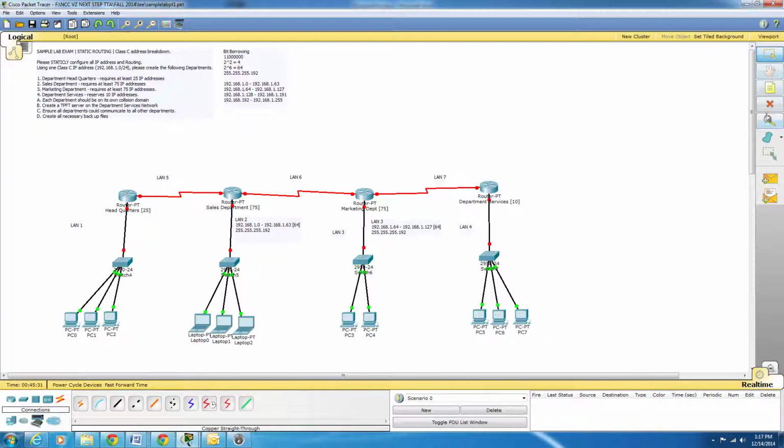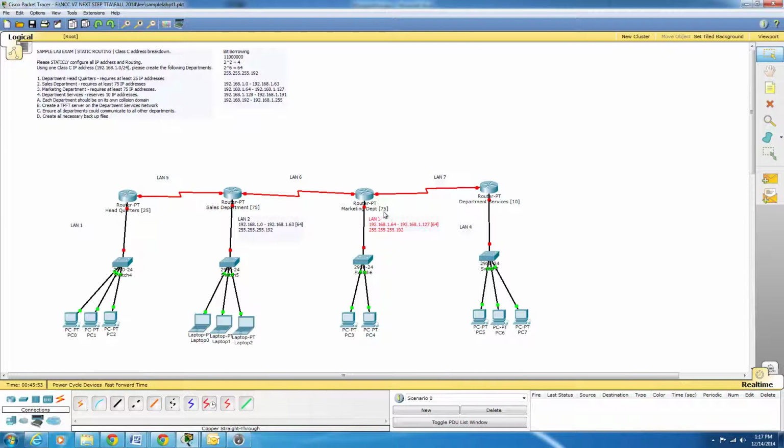Nice, I'm liking this. So here we are with our 2 IP segments of 64 IP addresses each, one for LAN 2, which is set here, and one for LAN 3, which is set here.